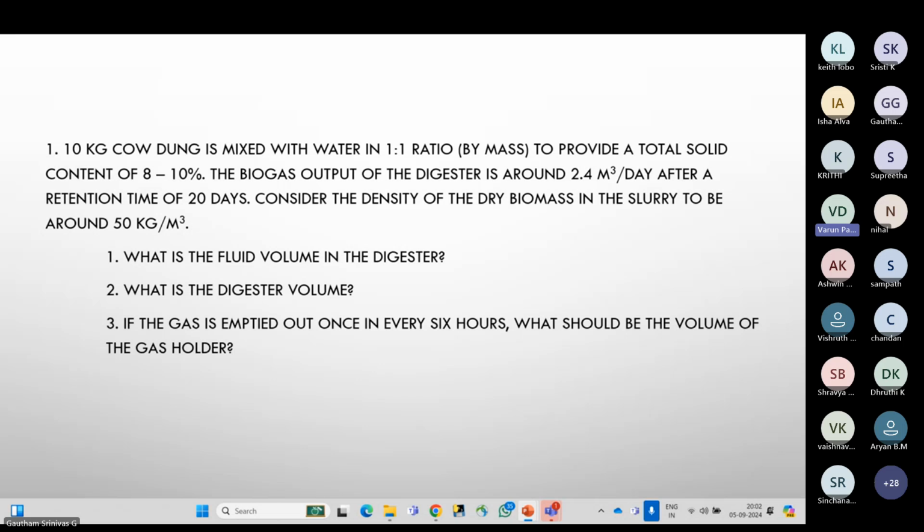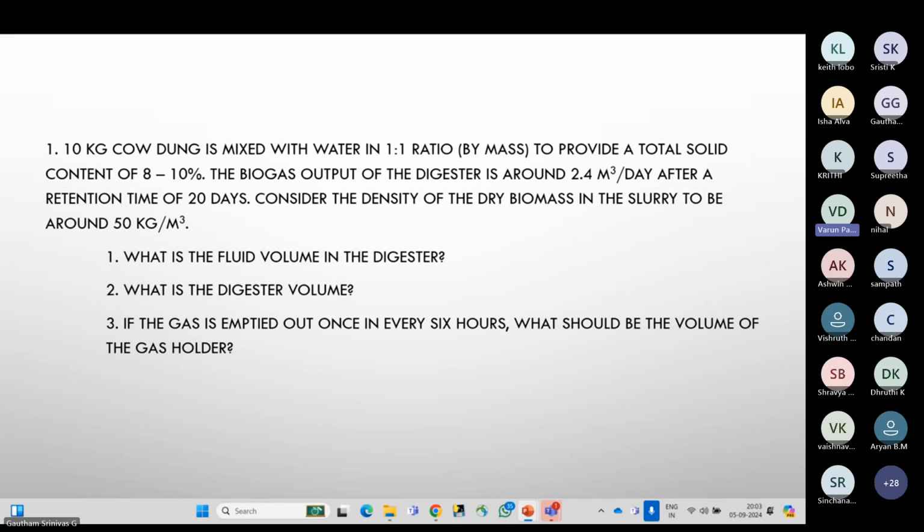The volume of biogas produced is given by the mass of the dry input into C. What is C here? C is the biogas produced per unit dry material. I've not given it, you can assume. The mass of dry input is whatever mixture is put into the digester. So it is 20 kg.